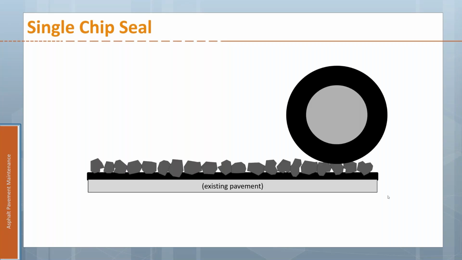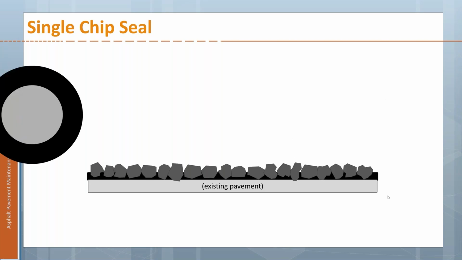Anyway, we drop the aggregate particles on top of that, and those particles will embed in the surface, which means they're halfway embedded in the oil, and we roll that to make sure that it gets mashed down. And we want all those rocks to be about halfway embedded into the surface.